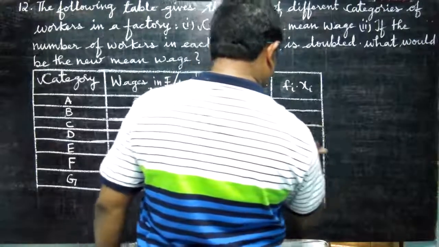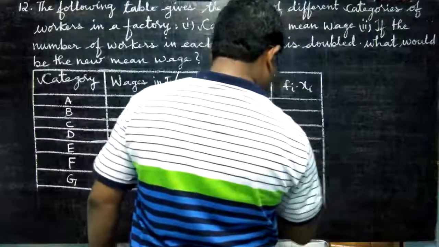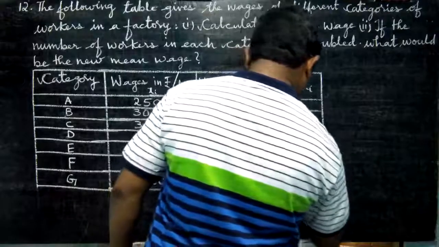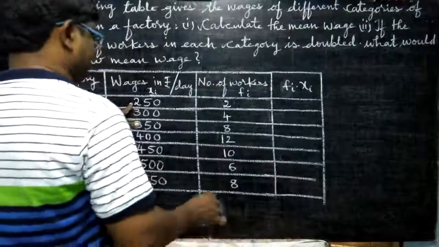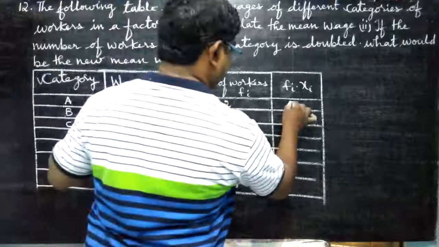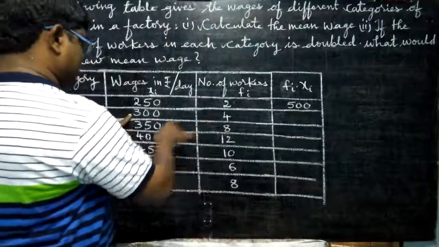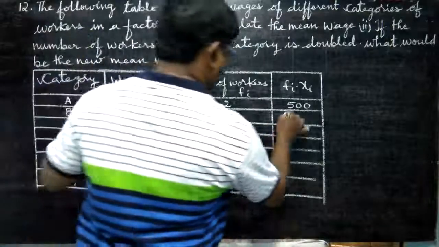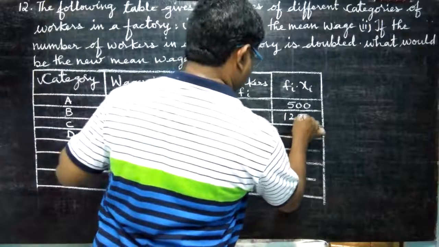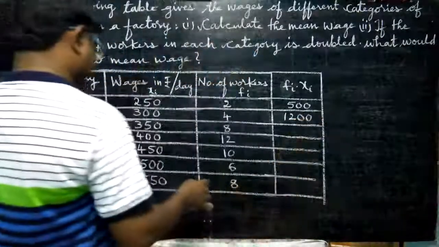Extend one more column: fi into xi. 250 into 2 is 500. Write clearly. 3 4s are 12 and 2 zeros, 1200. So 1200, write clearly. Next.